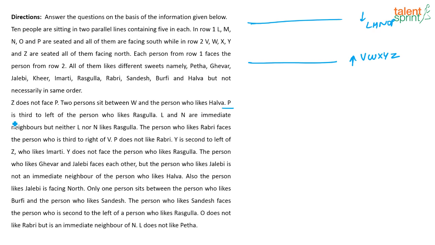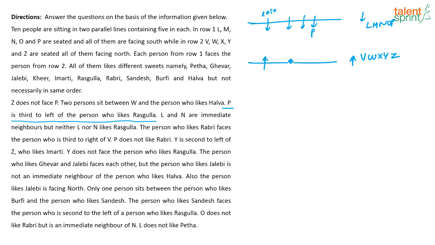P is this one, right? P sits third to the left of the person who likes Rasagulla. So if this is the person who likes Rasagulla, P sits third to the left. P and all are facing down, facing southwards. So left is going to be this direction. So 1, 2, 3. P sits third to the left of the person who likes Rasagulla.